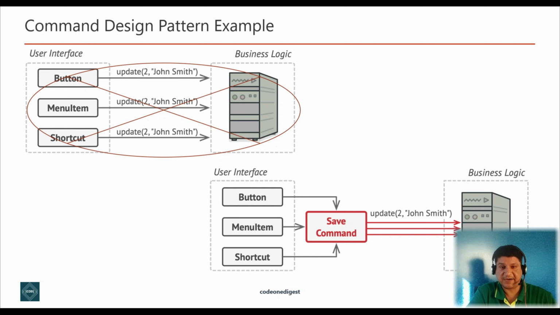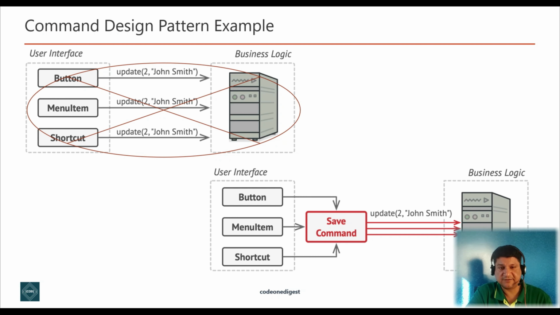The command design pattern suggests that graphical user interface objects should not send these requests directly to the business layer. Instead, you should extract all the request details, such as the object being called, the name of the method, and the list of arguments, into a separate command class with a single method that triggers the request.